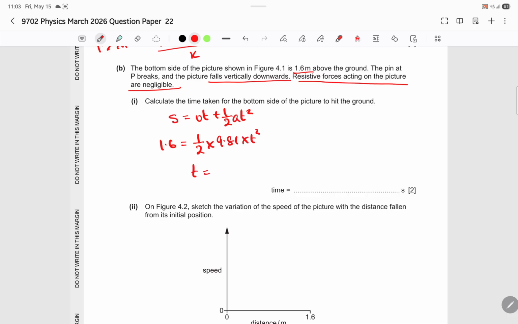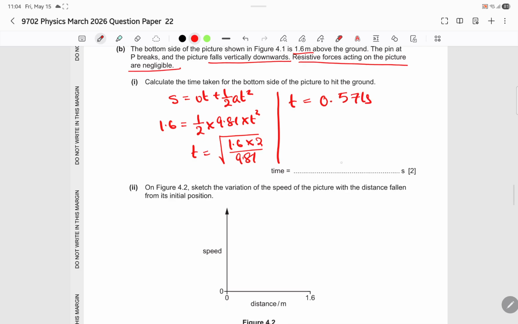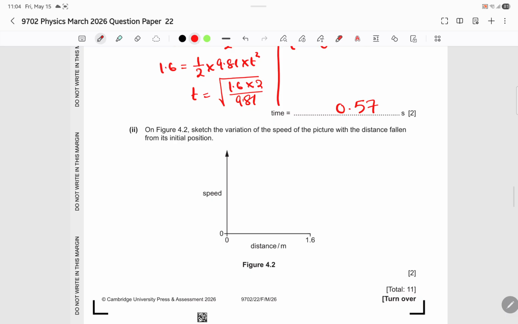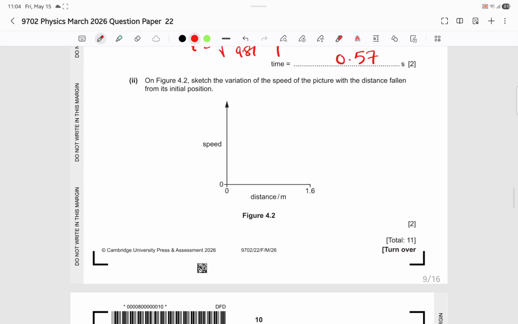Now if we solve for t, we get 0.571 seconds, which we round up to 2SF as 0.57. Now, on figure 4.2, sketch the variation of the speed of the picture with the distance fallen from its initial position. So speed against distance.